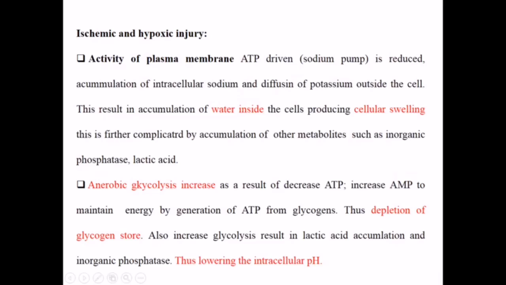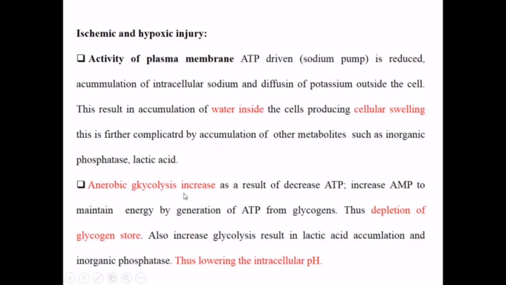The sodium will be more in the cell, and potassium diffuses outside the cell. Potassium increases outside and sodium decreases inside the cell. This results in accumulation of water inside the cell, so this becomes cellular swelling. It's further complicated by accumulation of other metabolites such as lactic acid.